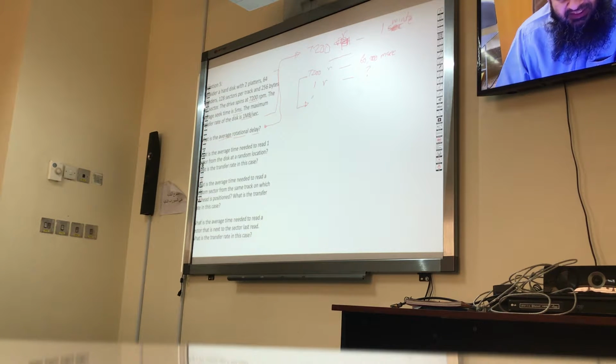Now how do I make something 1? By dividing, right? I can take 7200 rotations and divide that by 7200. So that will be equal to 1 rotation, which is what I want. But whatever I do to this side, I have to do to that side also. So I will take 60,000, which is already on that side, and divide that by 7200.